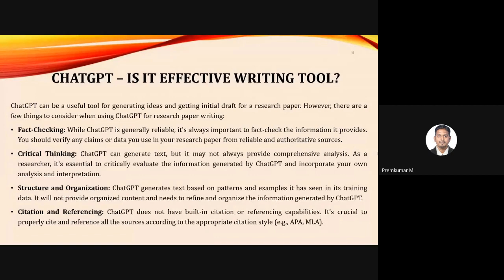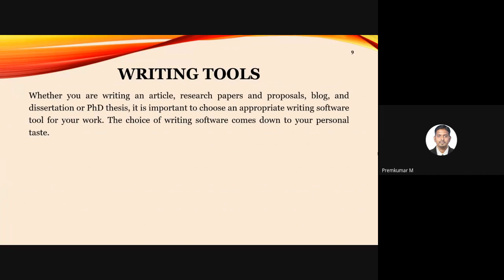Now slowly ChatGPT has started giving some add-ons for premium customers. Maybe in future you may get reference management add-ons also. In such a case, you can do referencing, but as of now you cannot do any kind of referencing or citations. That's not possible with ChatGPT.